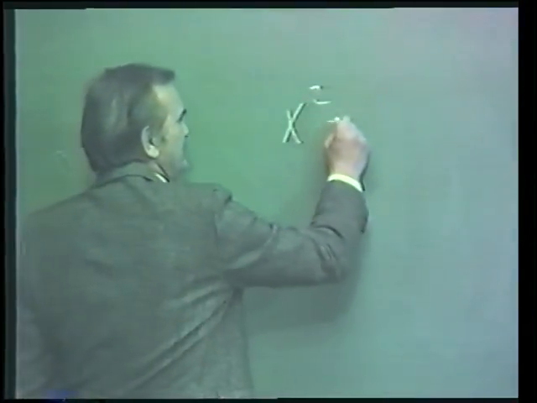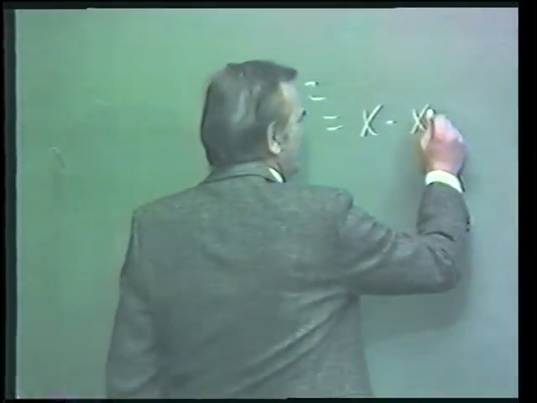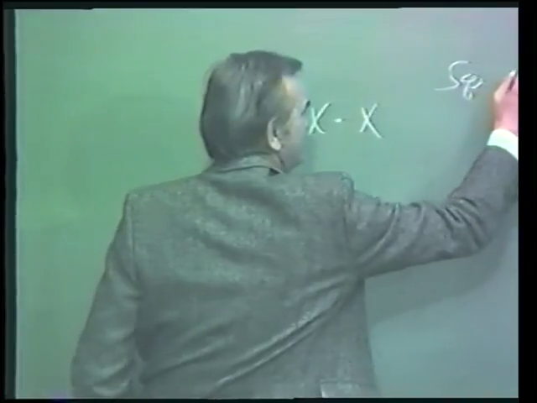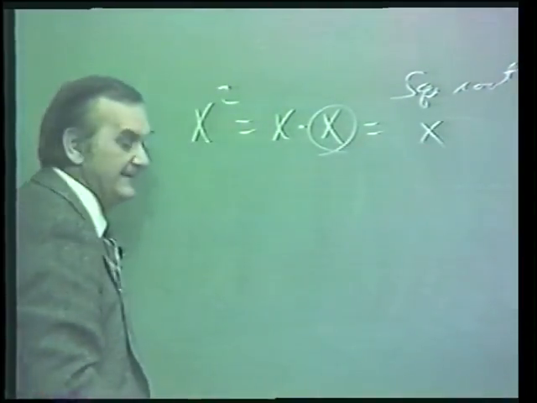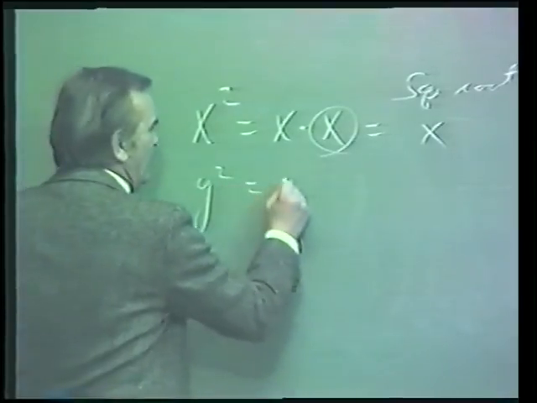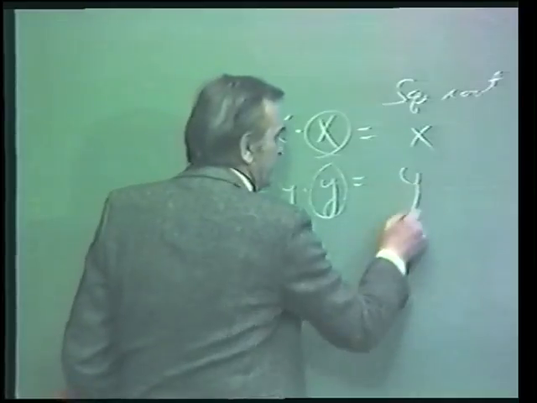X squared, you told me, is x times x, and the square root of that would equal one of them, x. Y squared is y times y, and the square root of it would be one of them, which is y.